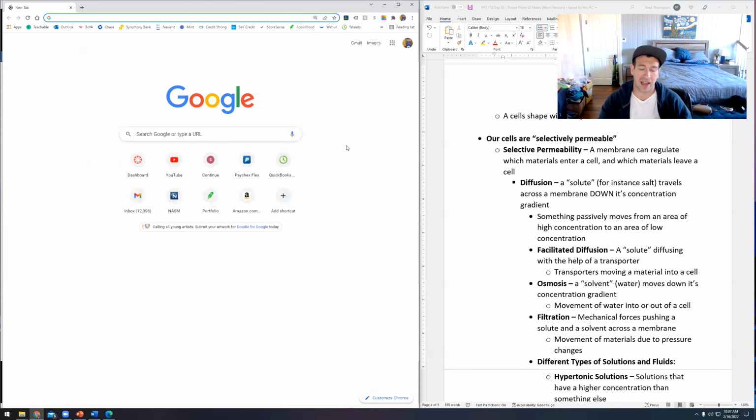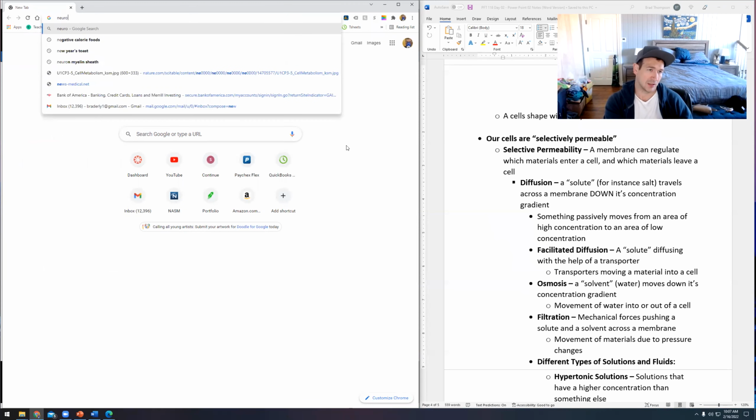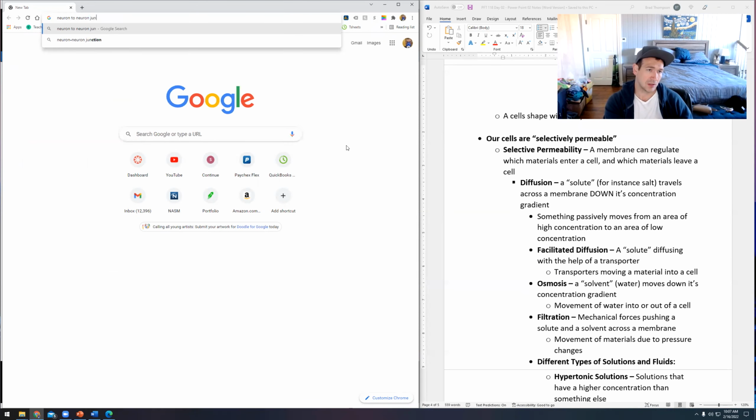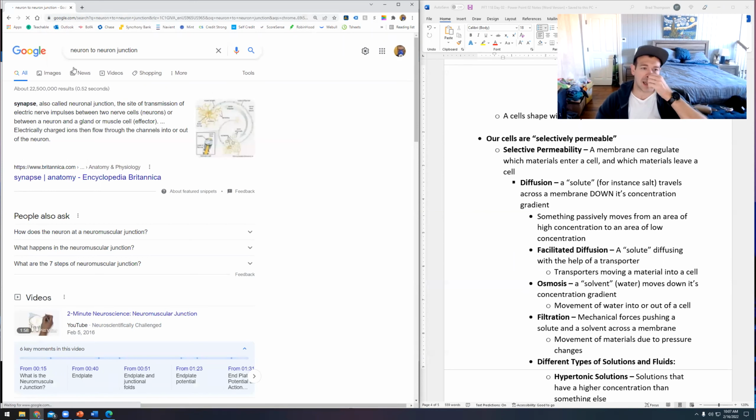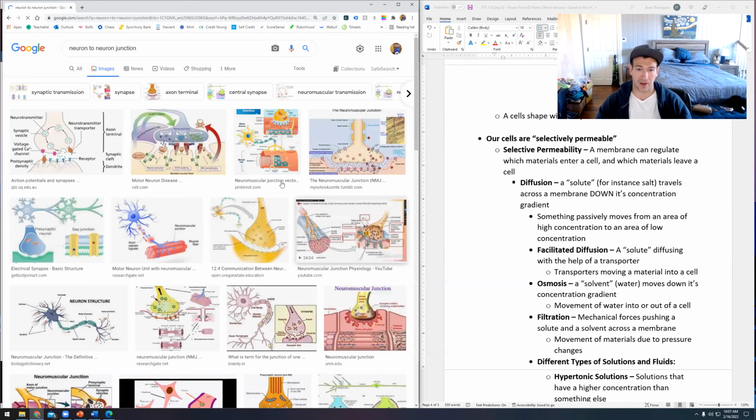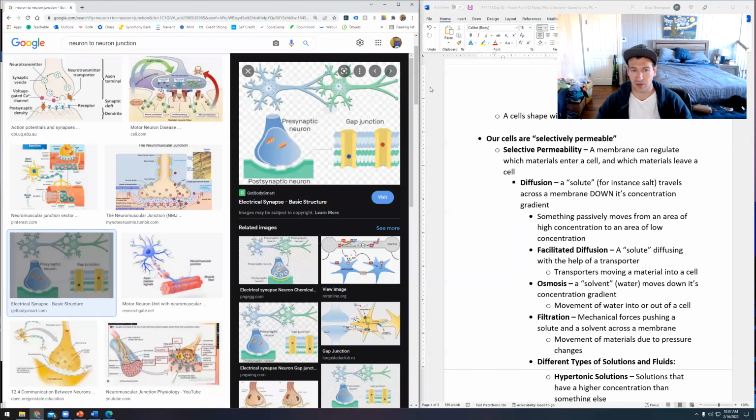For instance, you'll see certain neurons can interact with one another, right? One neuron will attach to another neuron, which will attach to another neuron until eventually it's coming all the way from your brain to wherever it happens to be going.